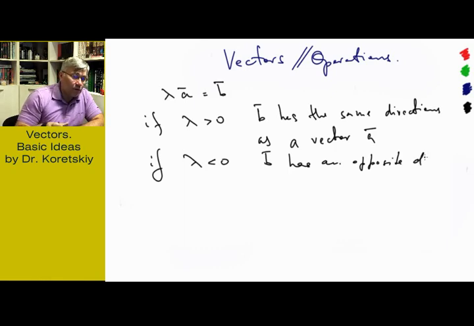So multiplication by a positive number keeps the direction of the vector. Multiplication by a negative number turns it into an inverse vector, with an opposite direction to vector A.